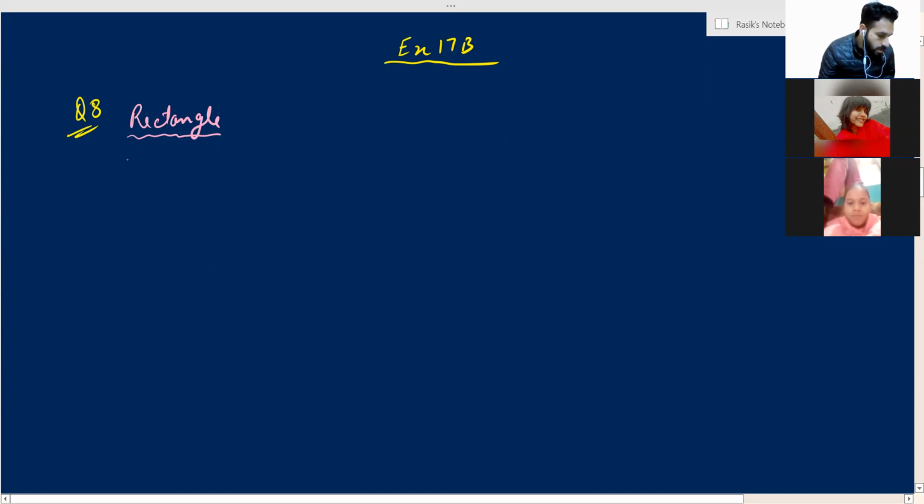Here the two adjacent sides of the rectangle are given. We can take side AB as 11 centimeters and side BC as 8.5. It is given in the question. AB and BC are adjacent sides. Let's draw a rough figure first.